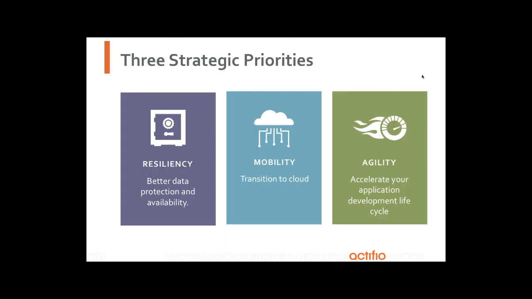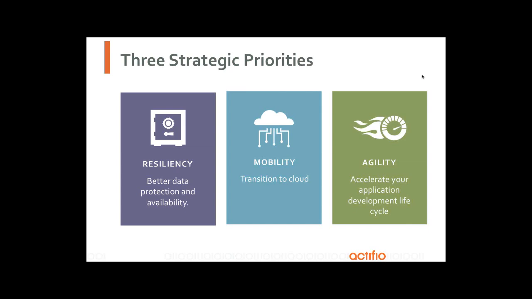Today, we're going to talk about Actifio Copy Data Virtualization and how you can leverage this for a lot of different use cases. So when we talk to our enterprise customers, they generally have 3 strategic priorities. They want an awesome solution around resiliency, which is about how to protect their data much better than the way they are doing today and offer high availability to their mission-critical applications. The second priority for them typically is mobility, on how to transition applications from one data center to another data center.